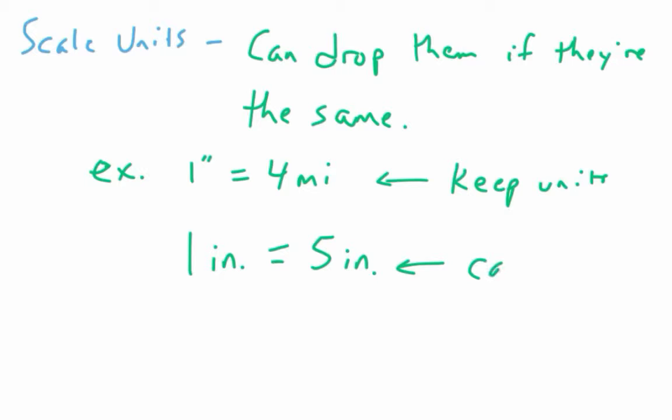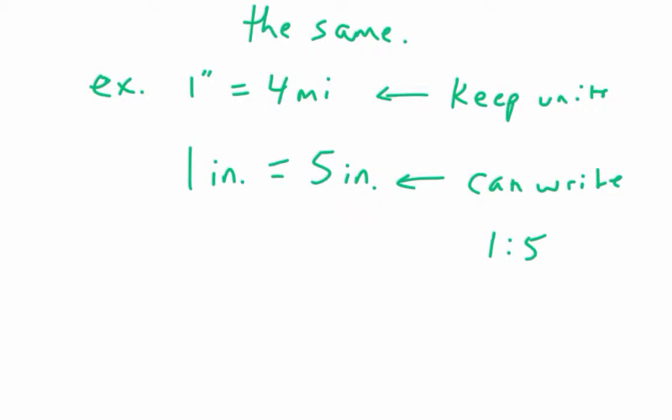So you can just write 1 to 5, because the units are the same. Or you could write it as a fraction, 1 over 5. Same units, you don't need to include the units, you can just say 1 to 5 or 1 to 4. But if you have inches equaling miles, then you have to do something different. Make sense? Cool. Give people a second to copy that down.